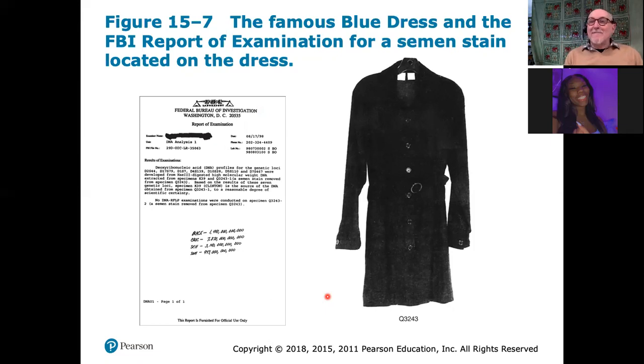It used exactly the same techniques as the footpath murder case, but this is the case of President Clinton, and this is the infamous blue dress which Monica Lewinsky wore when they had a sexual assignation. The dress was stained with a semen stain, which was RFLP typed, and DNA from the president was also typed, and it was a clear match.